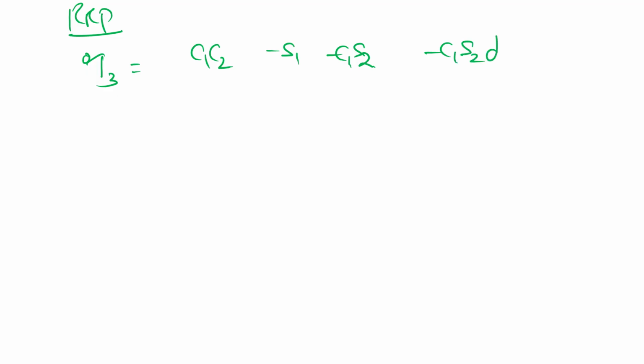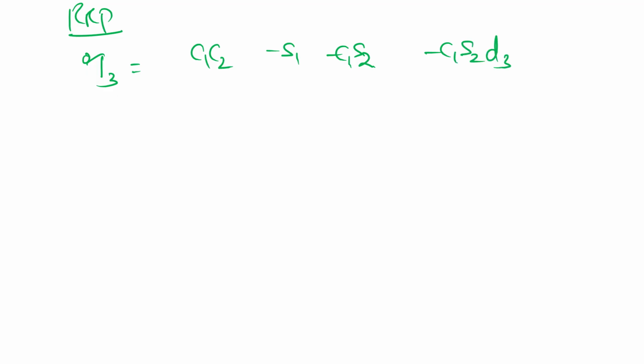So next one is the RRP manipulator. In this, the formula is T30, which is C1 C2, minus S1, minus C1 S2, then minus C1 S2 D3.